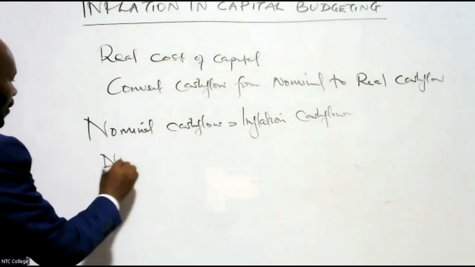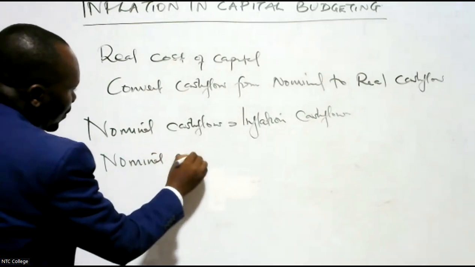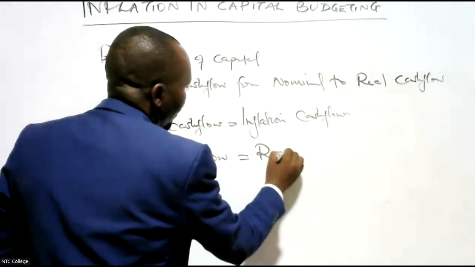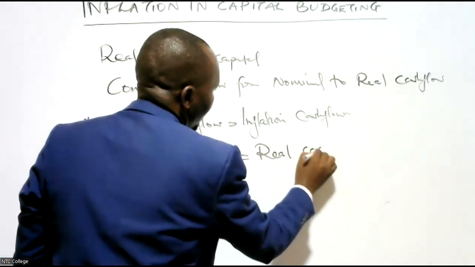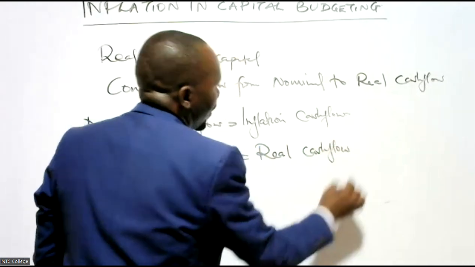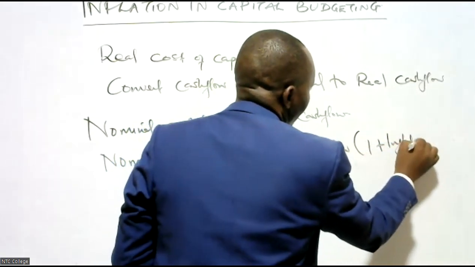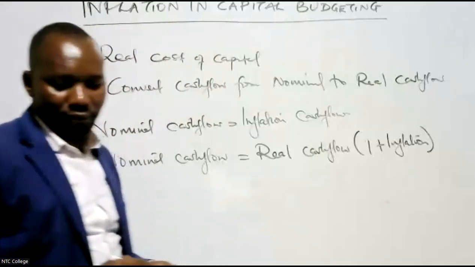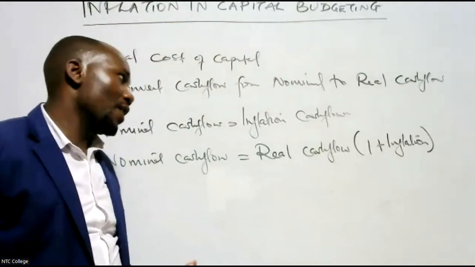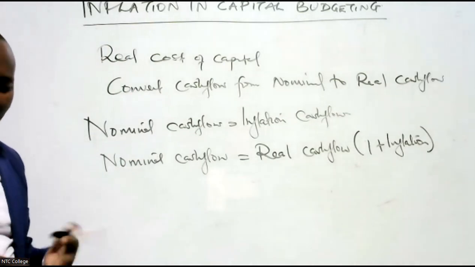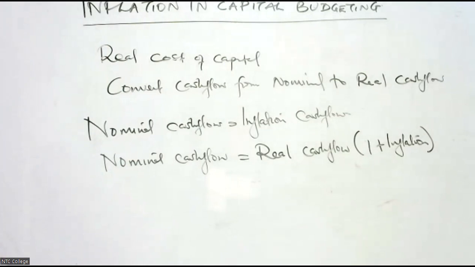So nominal cash flow is equal to the real cash flow times 1 plus inflation. I'm trying to move at a little moderate rate so that we don't leave some people behind.